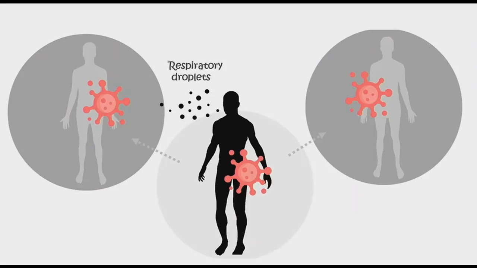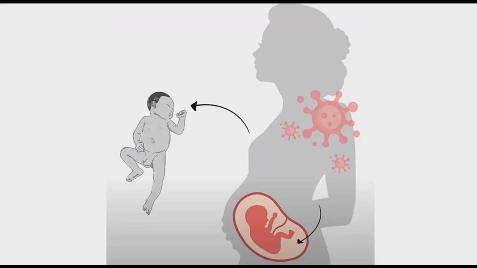It's only respiratory droplets over a short distance. Vertical transmission is also likely. But many of the patients report that they had a hug or close skin contact with patients who later developed monkeypox.